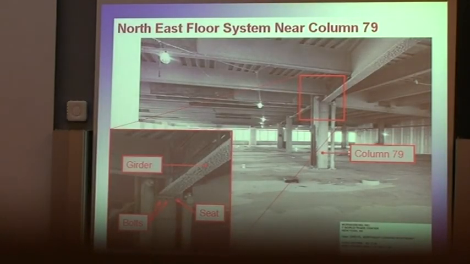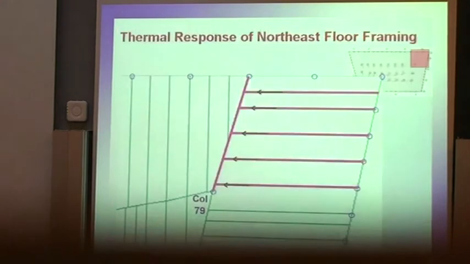This picture shows column 79 in one of the floors, obtained from the Port Authority, and this is just a blow up of this corner here. This is column 79, and this is the girder north of it. And this shows the seat that this girder is supported on with 2 bolts at the bottom. And you can see fireproofing is definitely there on the beam, on the girder, I'm sorry.